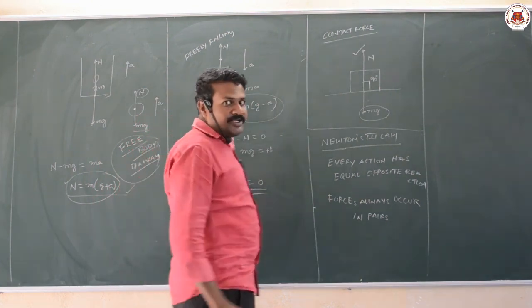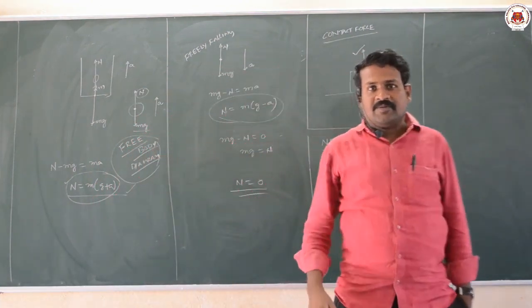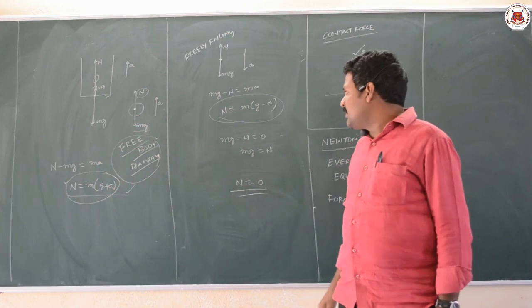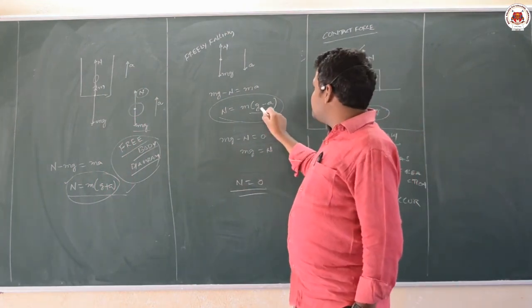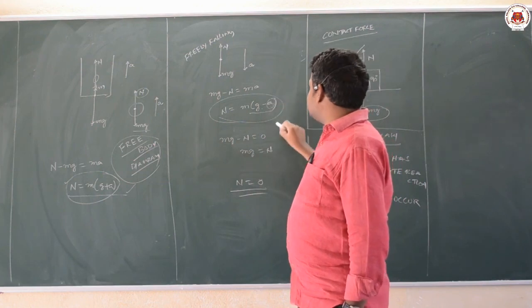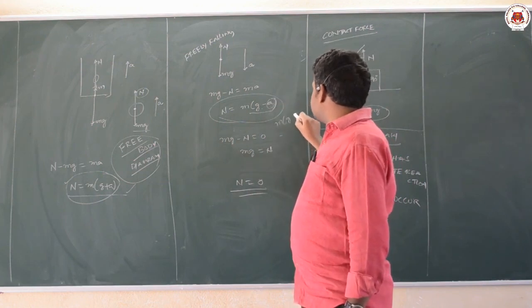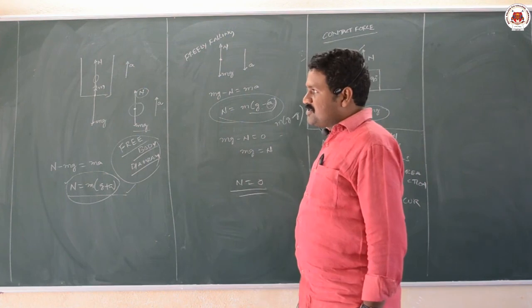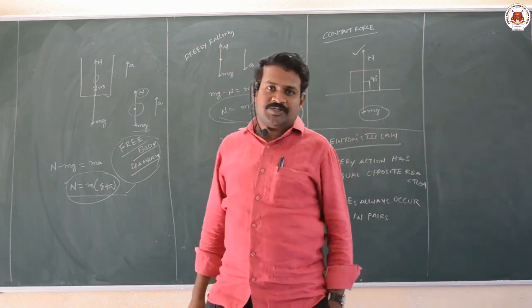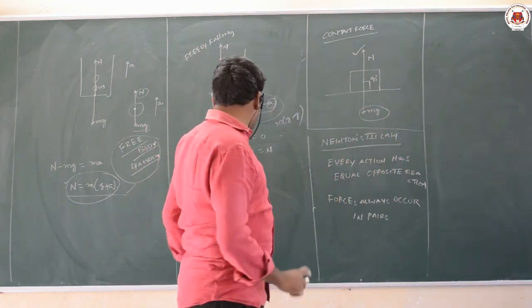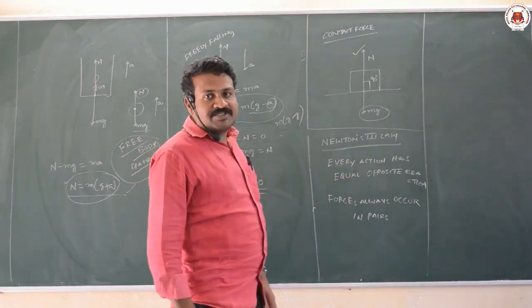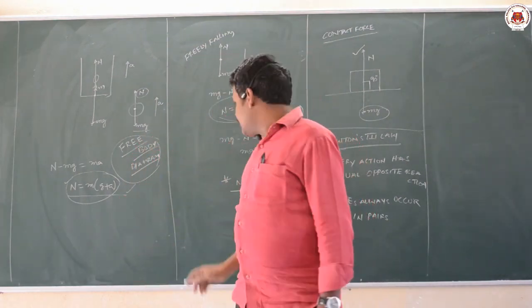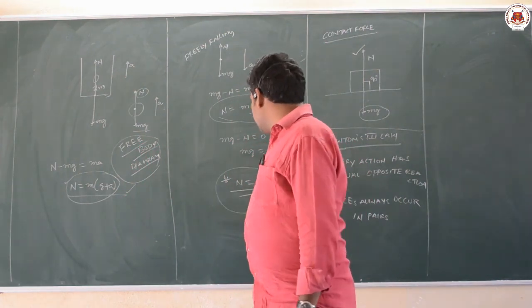The person will feel weightlessness when the lift is falling freely. That means m into (g minus a), you have to take a as g, m into (g minus g), because the acceleration of a freely falling body is equal to g. Therefore, the normal reaction will become equal to 0. A person feels weightlessness inside a freely falling lift.